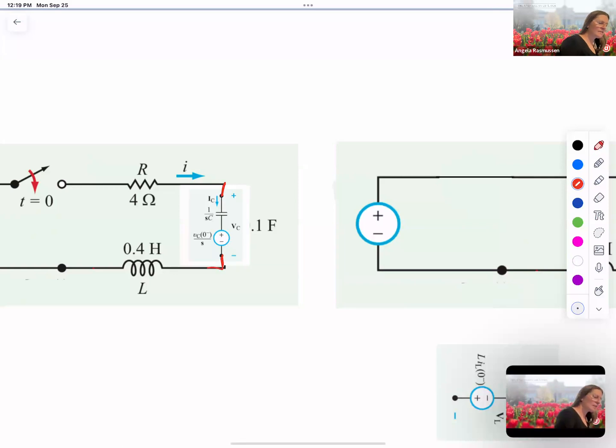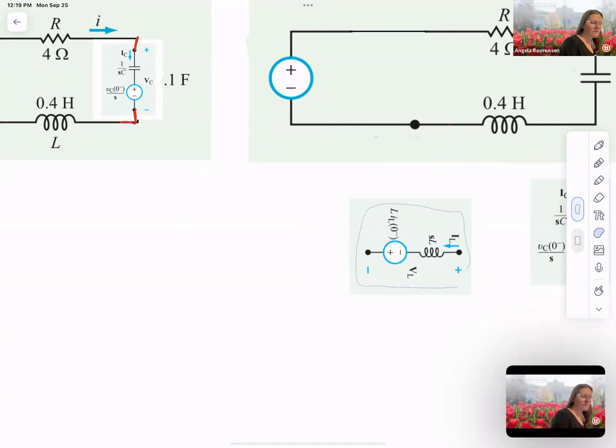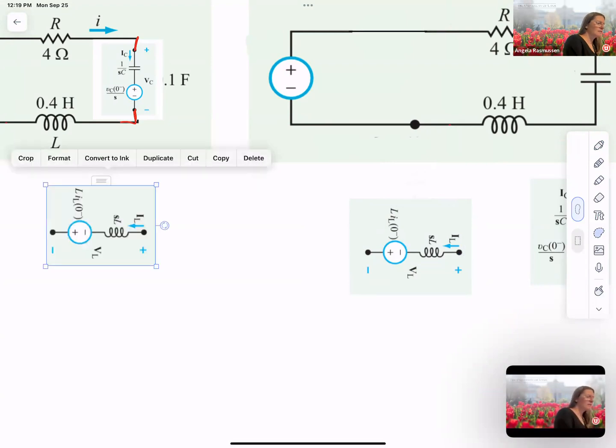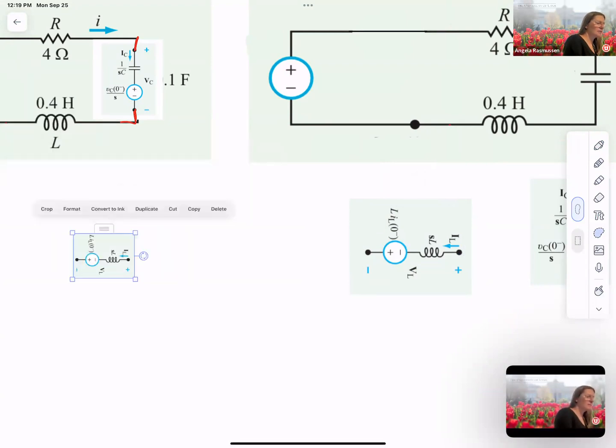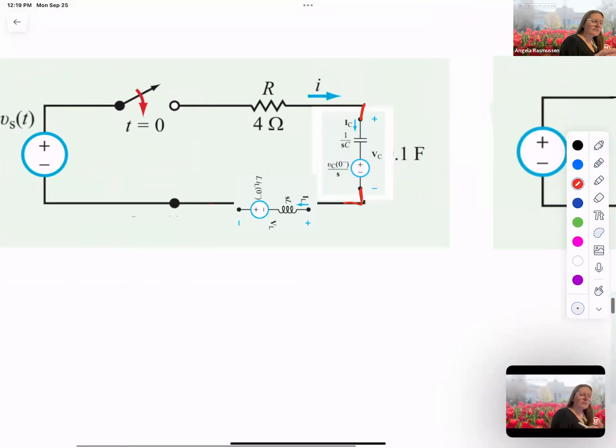And connect. And then for the inductor, the same thing. And so with that, then we just solve the circuit.